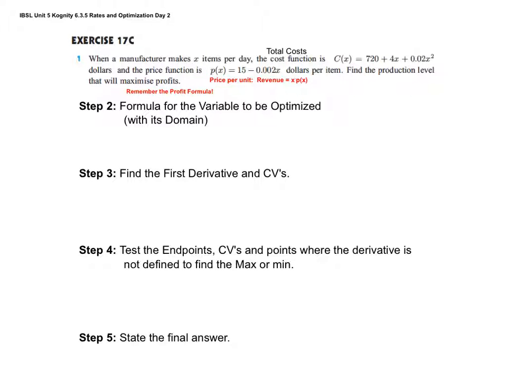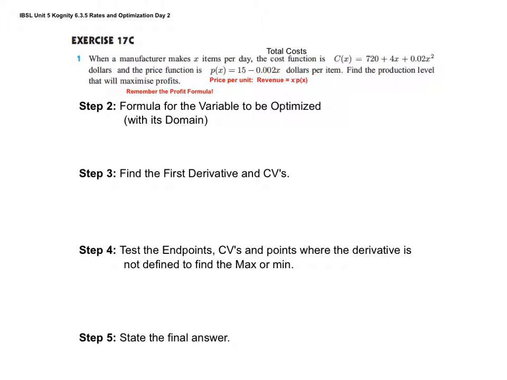Let's look at one other one not related to area. Here's one related to costs. Now this also, you have to be real careful about reading the problem. I've added a couple of comments here. It says, when a manufacturer makes X items per day, the cost function is C of X equals 720 plus 4X plus 0.02X squared dollars.